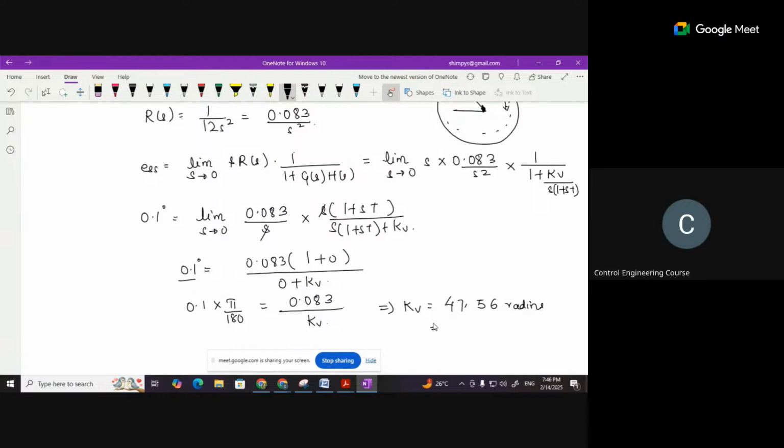It will be less than 1 degree, right? Because 1 radian is around 57 degrees. These are 47 radians, so it will be 47 into 57.